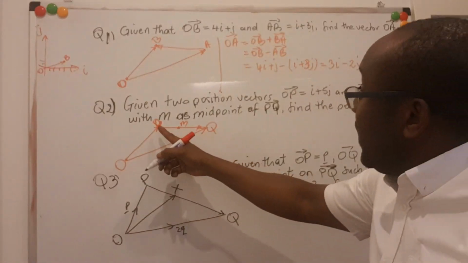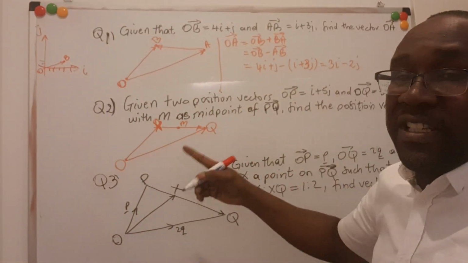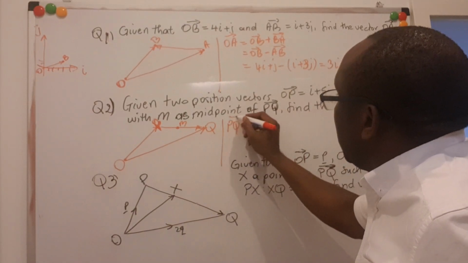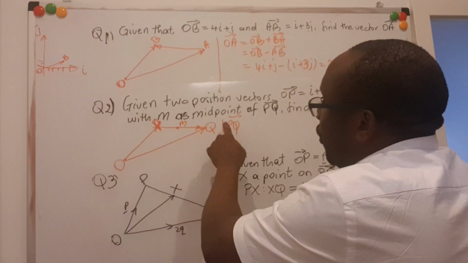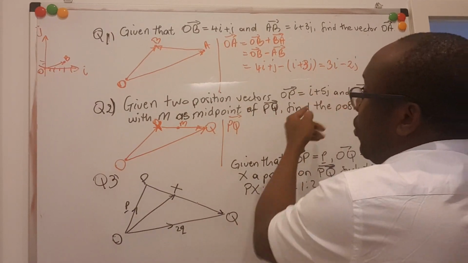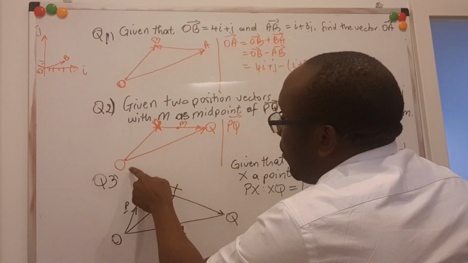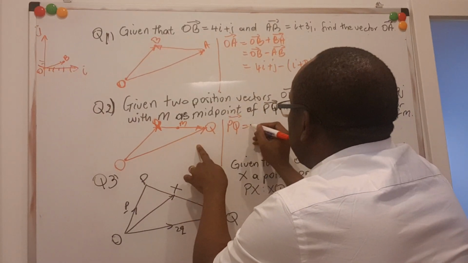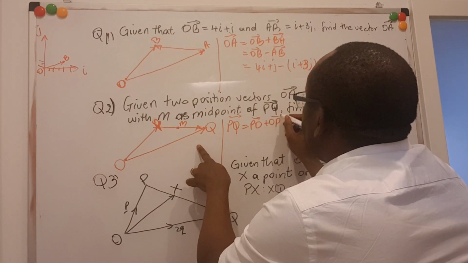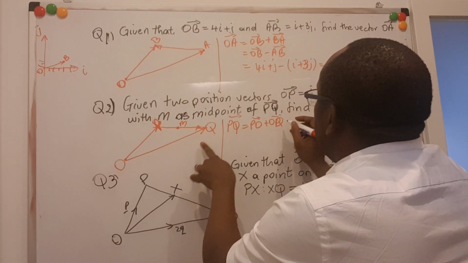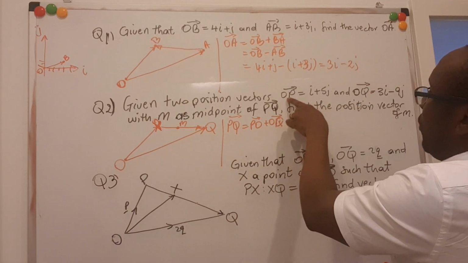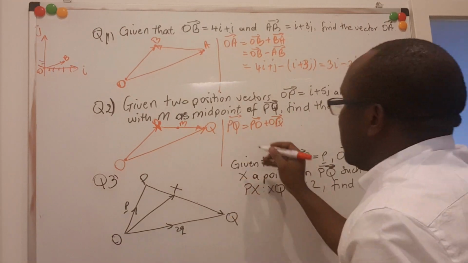In order to get M, first I have to look for PQ because we're only told it's a midpoint. To go from P to Q, if you don't know the road because you don't have the information, you have to use the path that you know. I will go PO plus OQ. But you don't have PO, you have OP, and you know the sign is opposite.